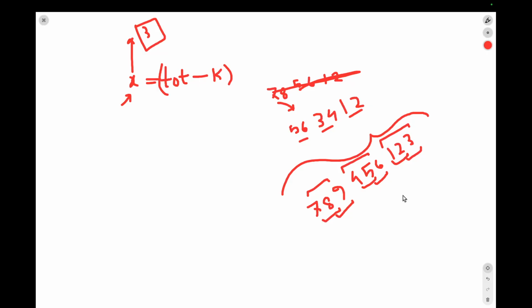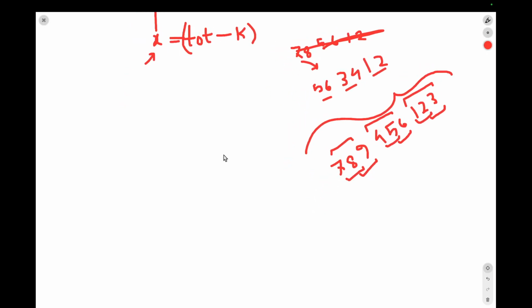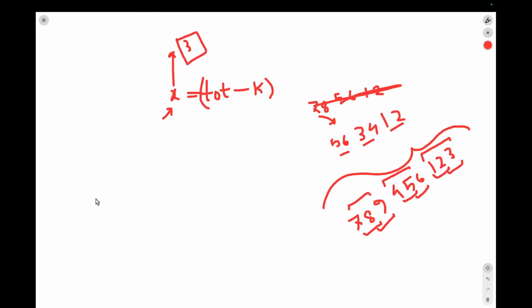And how can we actually do that? We can solve this with the help of dp. Let's say dp of x. What does dp of x actually represent?